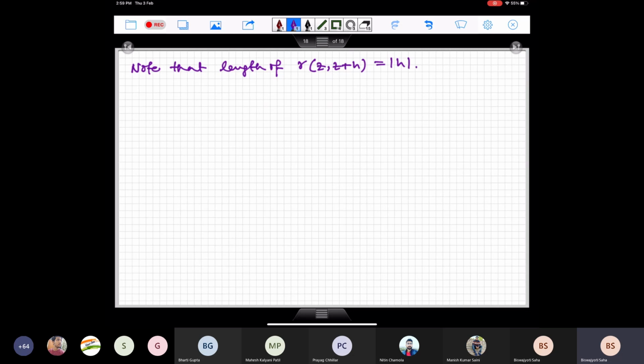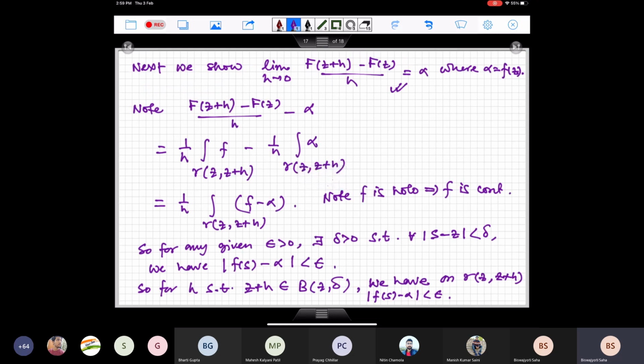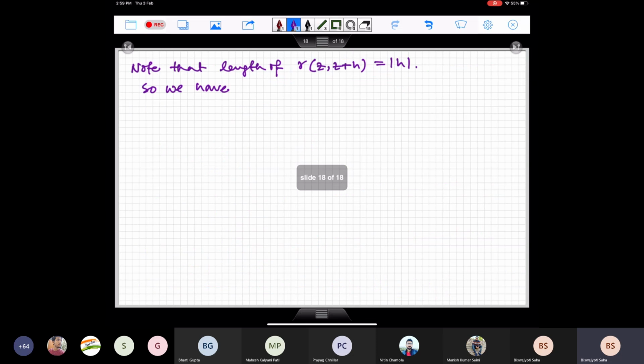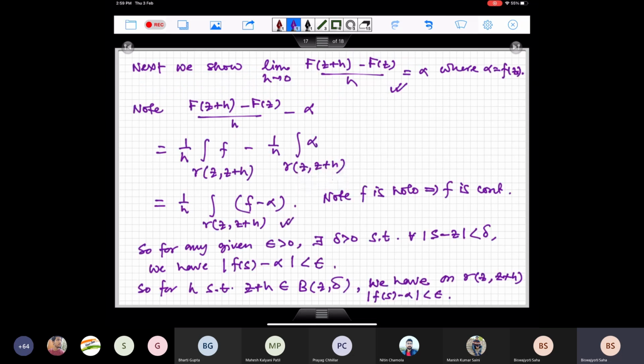Okay, so if I consider this distance in absolute value, when I apply the ML inequality, what am I going to get? |(F(z+h) − F(z))/h − α| is less than or equal to this integral.